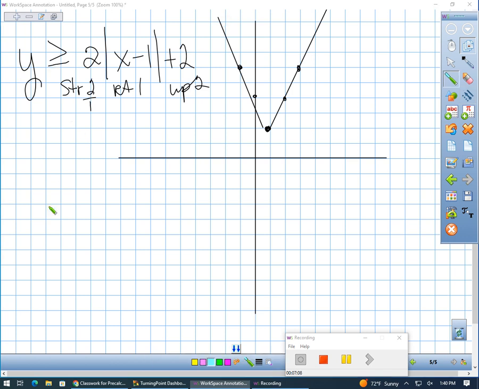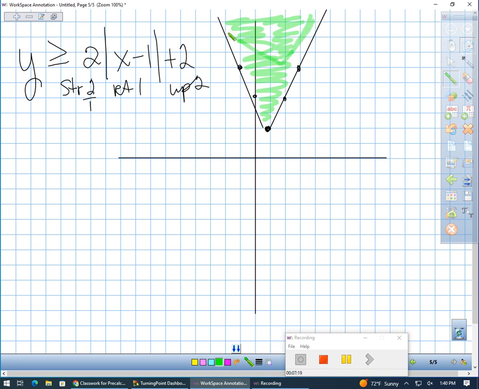And then because it's greater than, we're going to shade above. And so that means it's going to be everything inside this beautiful V. Because again, if you look at the y-axis, it's that section that goes above. Okay?